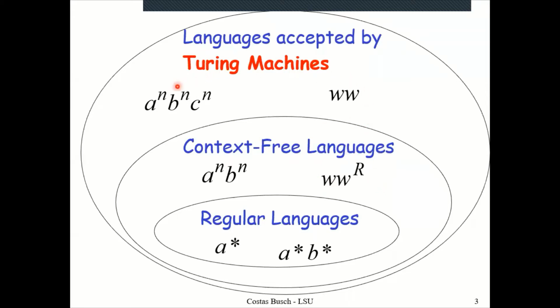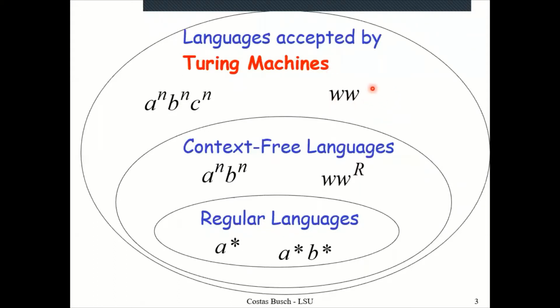Then we have this language, A^n B^n C^n. What happens if we have three characters in their respective trains and we would like to know if the quantity of each character is the same in all of the trains? It cannot be done with the help of the PDA, but it can be done with the help of a Turing machine. We will construct a machine for this language as well. And then there is the copy language.